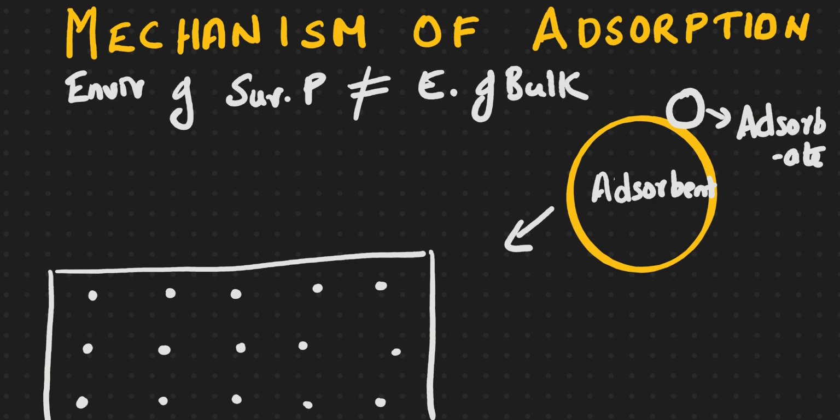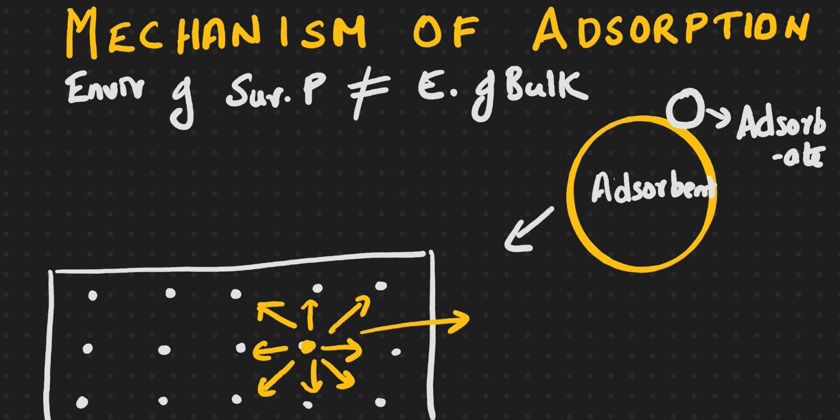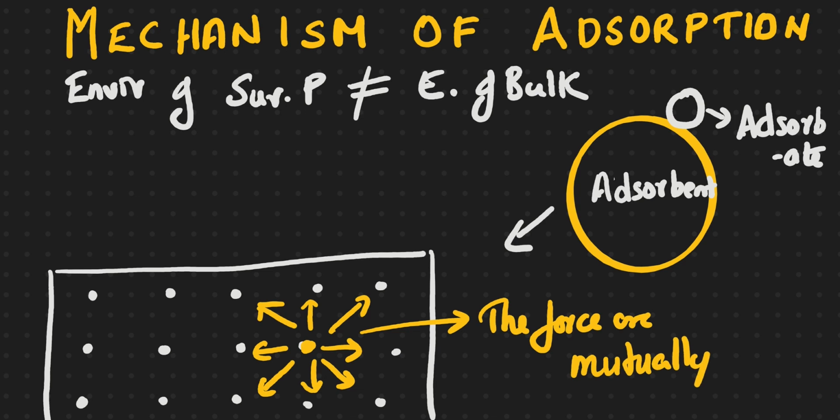I will explain that like this. Suppose this is the bulk particle, surrounded by other atoms like this. So here the forces are mutually balanced.